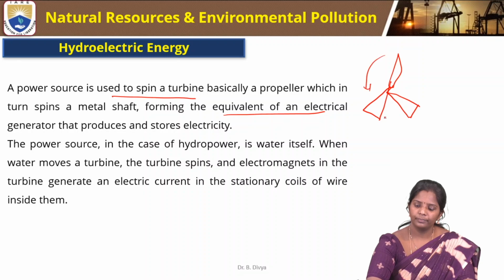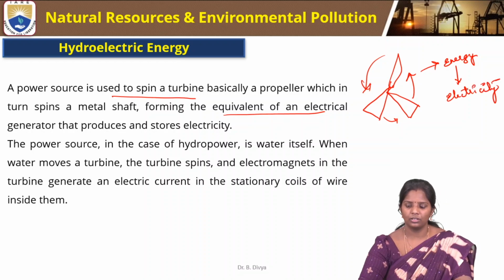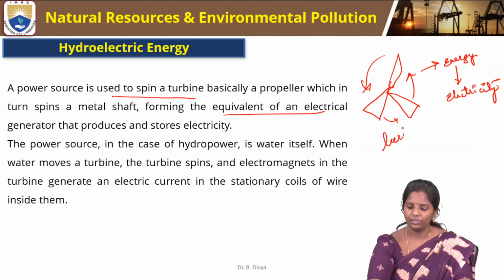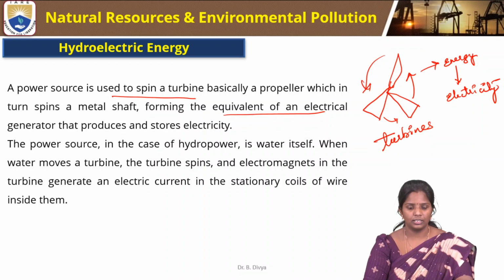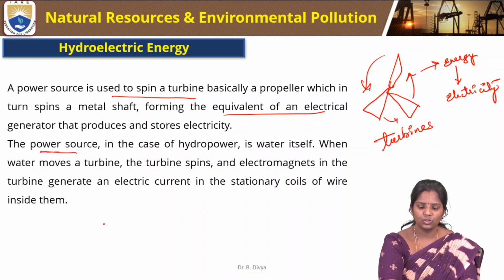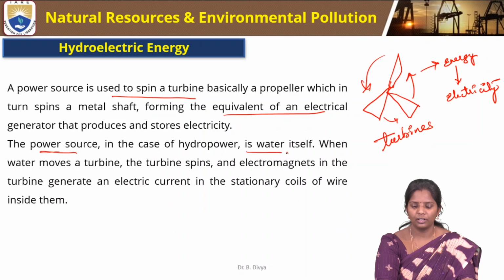The shaft will be rotating, so that will produce energy that can be converted to electricity. So these turbines are very useful in converting this energy into electricity. So the power source in the case of hydropower is water itself.